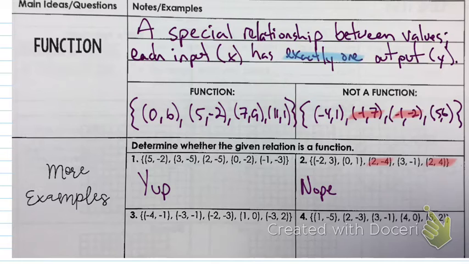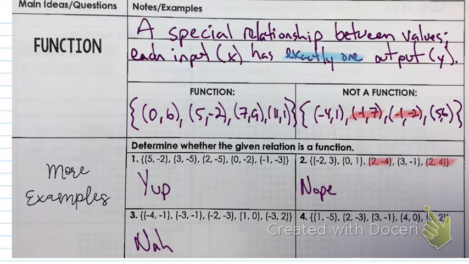All right, number 3. I'm going to ask Sabine. Number 3, function or nah? Nah. Why not? Because there's 2 -3s.